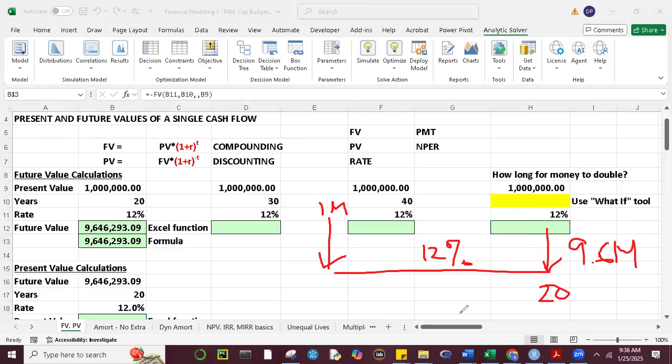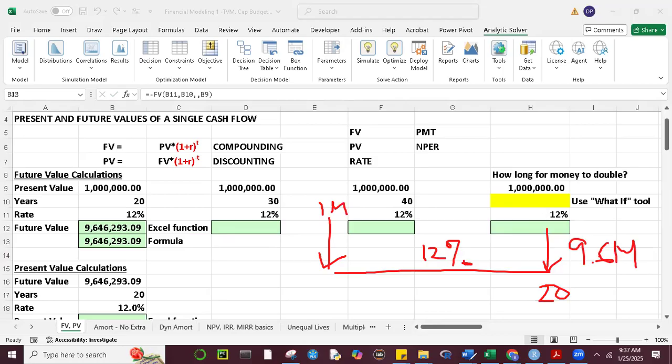So the question is, which do you prefer? 1 million today or 9.6 million after 20 years? Assuming the prevailing interest rate is 12%. The answer is, class, you are indifferent. It doesn't matter what you choose.